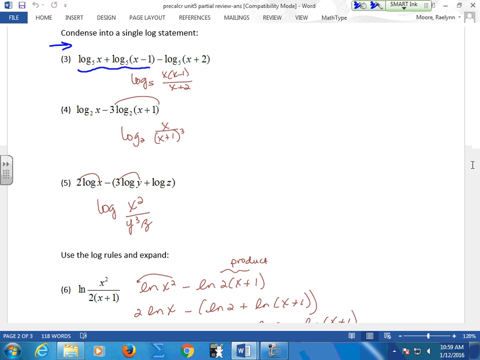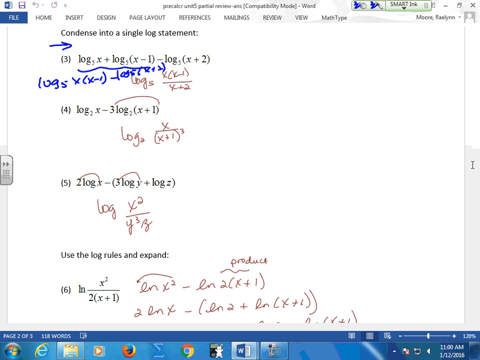The first thing that you say is, because logs are exponents, when I added my exponents, what was I doing? Multiplying my like bases. So I'm going to turn this into a multiply first. Do it 1 step at a time if you have trouble.